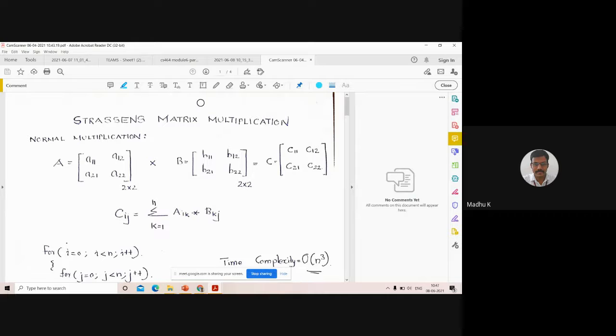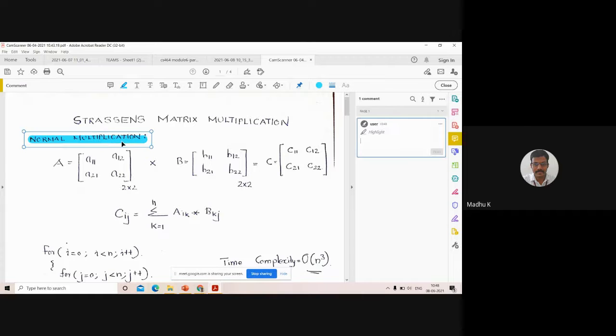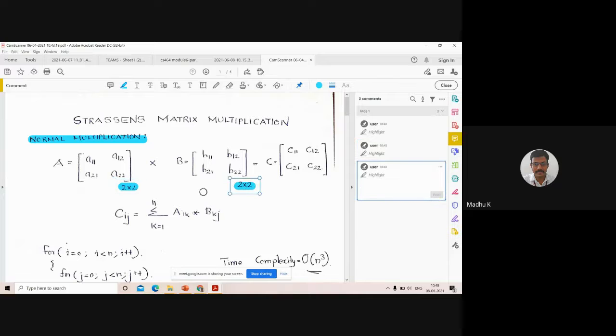First we will discuss the concept of normal multiplication. Suppose there are two matrices A and B, of order 2 by 2 and 2 by 2.